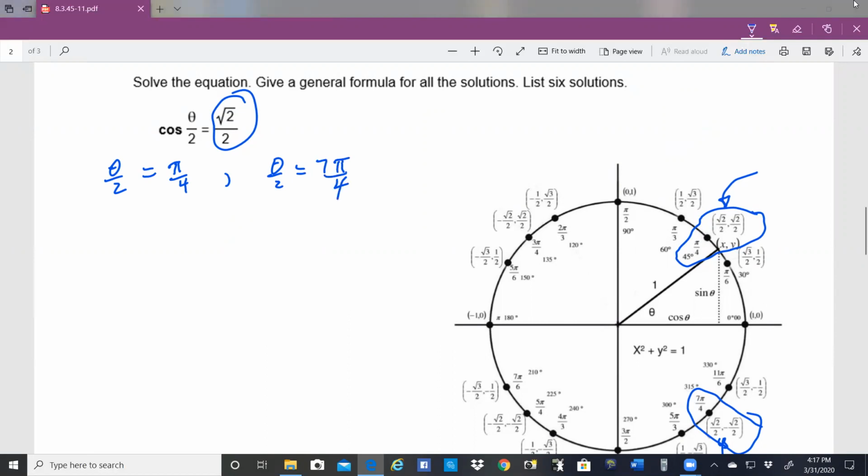But we also know that we can go around the unit circle plus 2 pi and get to the same solution, plus 4 pi and get to the same solution, and this plus 2k pi and get to the same solution. So let's look at the general solutions now.